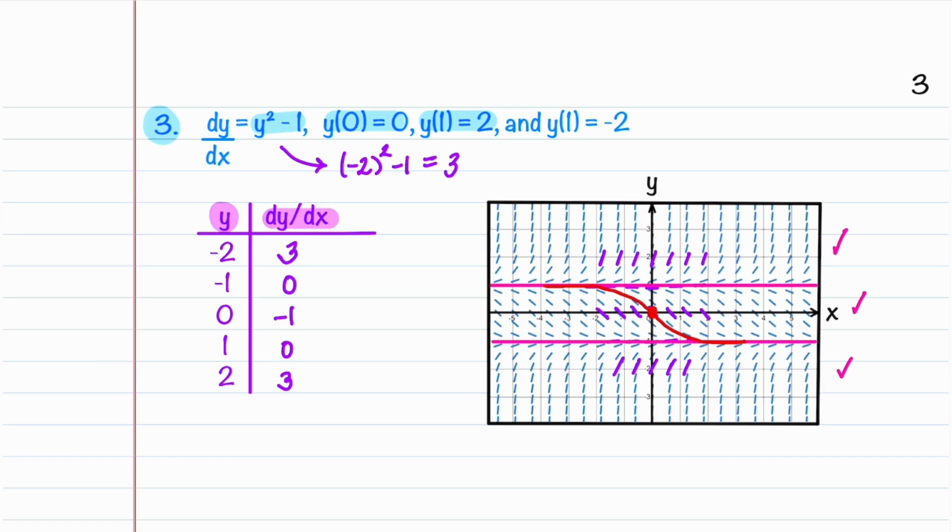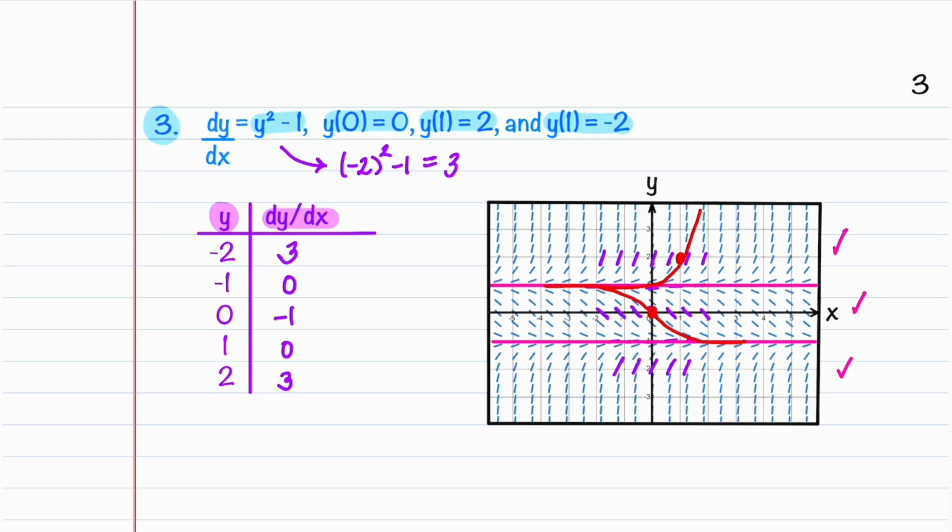So when x is 1, y is 2. That's this point right here. And the solution curve that passes through that point is going to look like this. It's going to start on the line y is equal to 1, and then come up and increase toward the right.